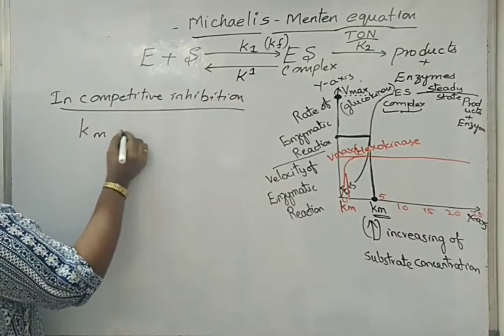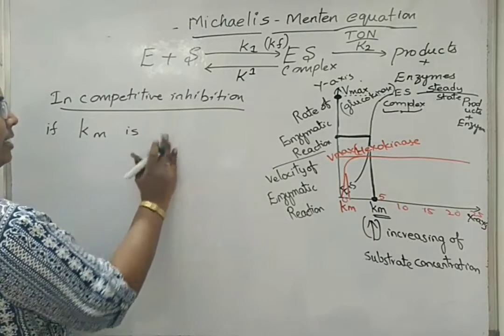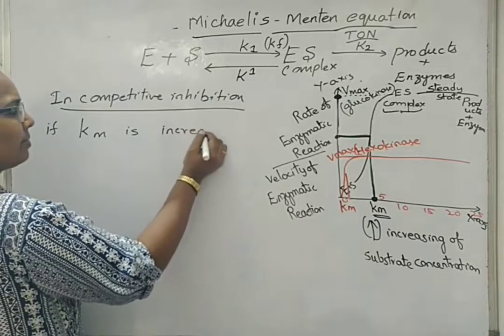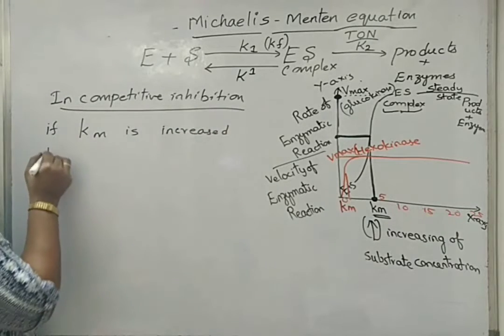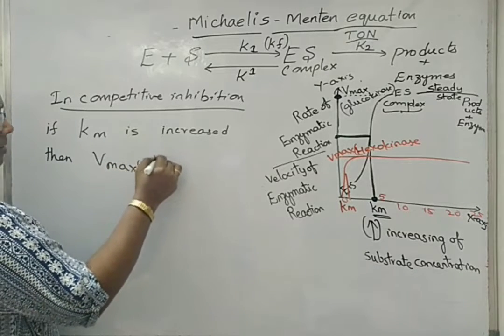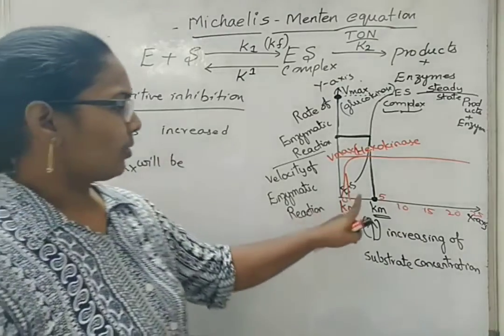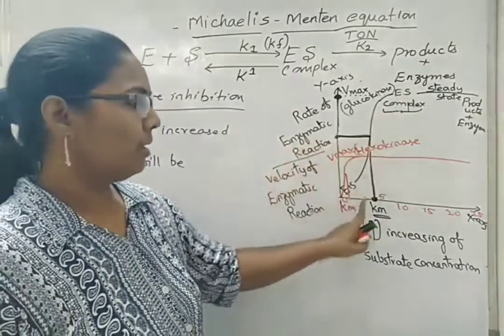if Km value is increased, then what about maximum velocity? Then Vmax will be unaffected. The question is, if the Km value is increased, then what about this?